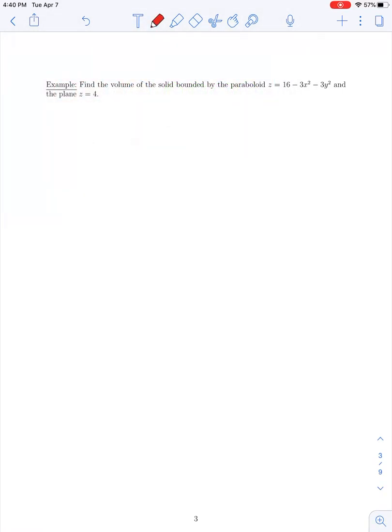Our first equation here is the equation of the paraboloid, 16 minus 3x squared minus 3y squared. So that is a circular paraboloid, which is opening downward and has its vertex at the point 0, 0, 16 in space.